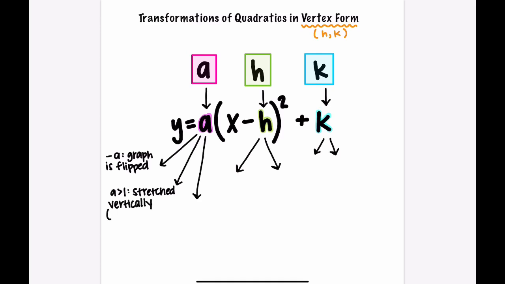In other words, that means it is more narrow. Then if the a value is less than 1, or if it's a decimal number between 0 and 1, that means that the graph has gotten wider.